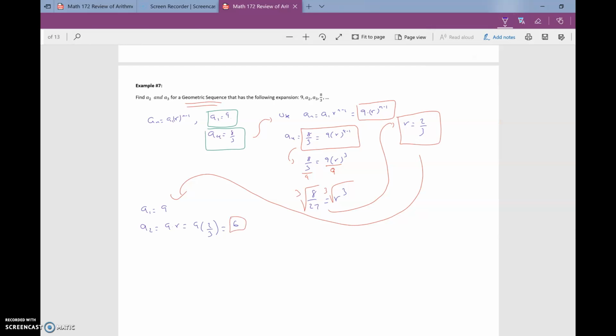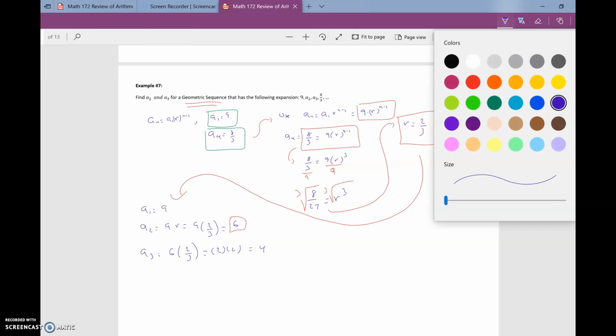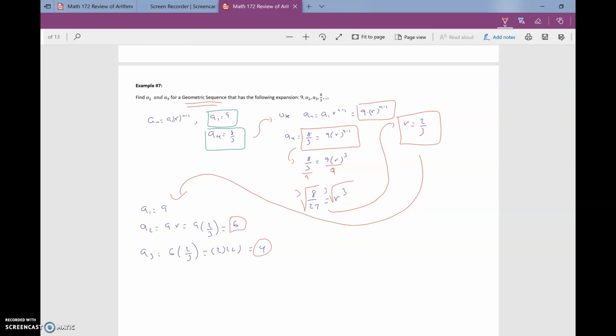And then a sub 3 is equal to 6 times 2/3, or well, technically 2 times 2, and this is equal to 4. That's actually it. The last term, we already know it. A sub 4 is equal to 8/3.